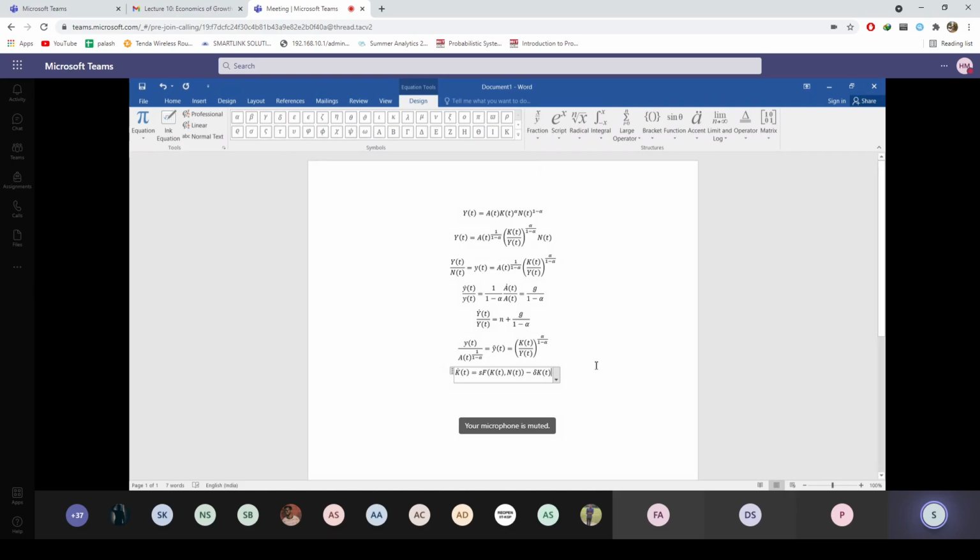Fine. Now you divide both sides by this factor, N_t A_t whole to the power 1 over 1 minus alpha.